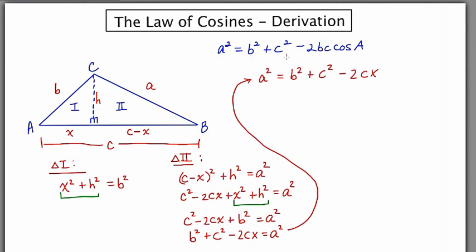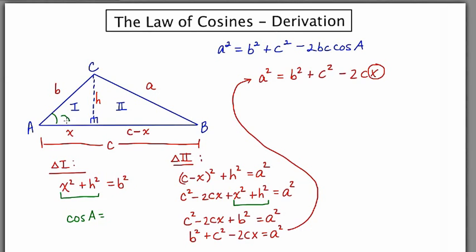So it's really looking like what we wanted to get to, except there's no x in our target equation, and we've got to get rid of this x here. The way we're going to do that is by using this triangle over here, Roman numeral 1, and the cosine ratio. If I pick A as my reference angle, I can say that the cosine of A has the ratio adjacent to hypotenuse.